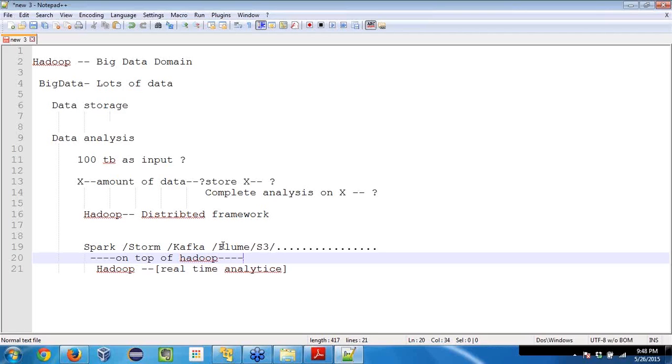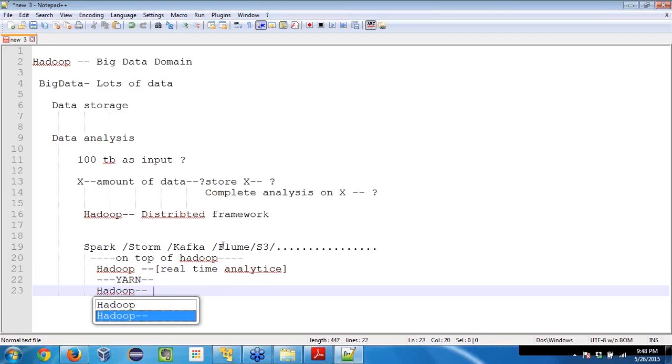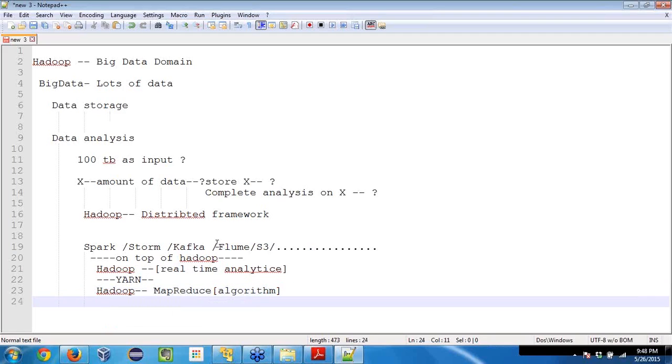To answer this, Hadoop has a very brilliant component called Yarn, one of the important components of Hadoop, which adapts according to the situation. Hadoop's primary backbone is MapReduce, an algorithm built into Hadoop, and we have all other things like Spark, Storm, Kafka, Flume, etc.